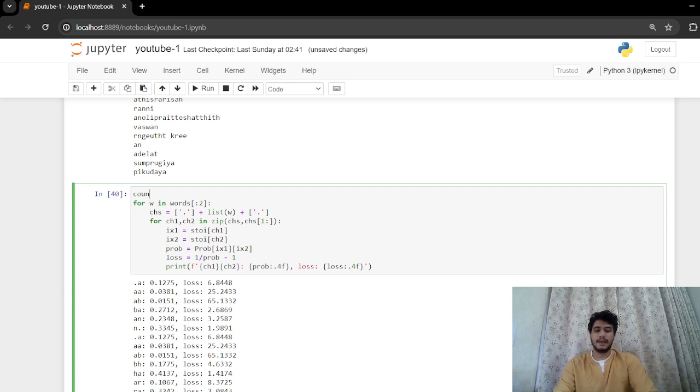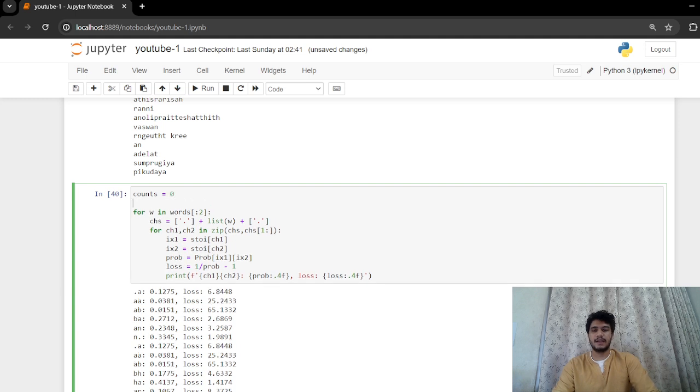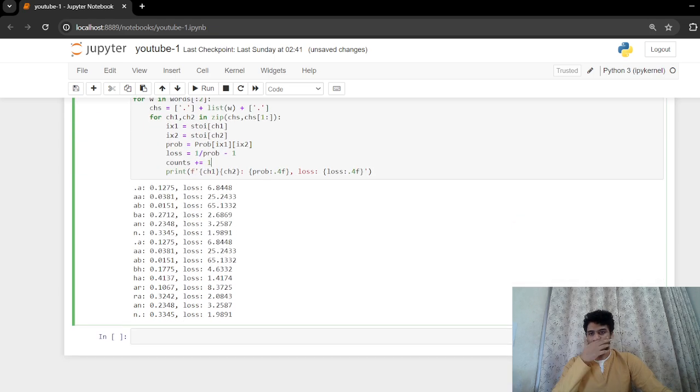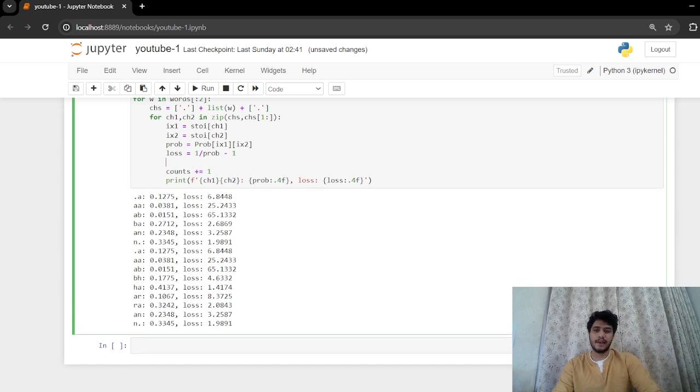So I can have some counts which is 0, and I can have loss equals to 1, and I can just increment counts here, plus equals to 1 at the end, and I can also do an average of the loss.